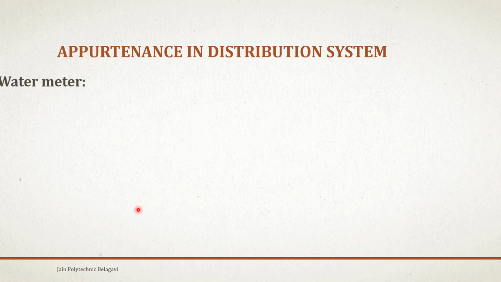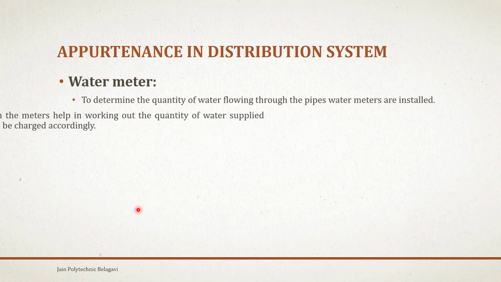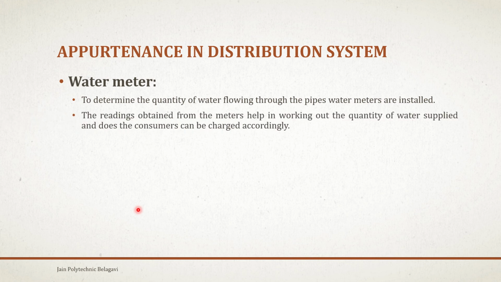That is what we call the water meter. To determine the quantity of water flowing through the pipes, water meters are installed. The readings obtained from the meters help in working out the quantity of water supplied, and thus the consumers can be charged accordingly.